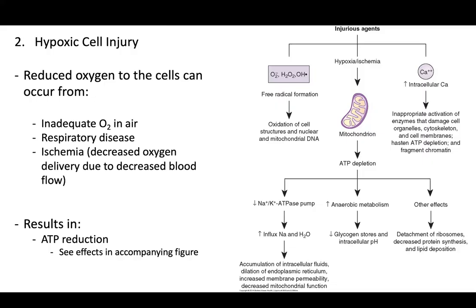The other thing that happens is that the byproduct of anaerobic metabolism is lactic acid. And that lactic acid is going to change the intracellular pH. It's going to drop the intracellular pH, and it's going to make the cell acidic. And enzymes stop working. The cell is going to eventually die if the agent isn't removed.